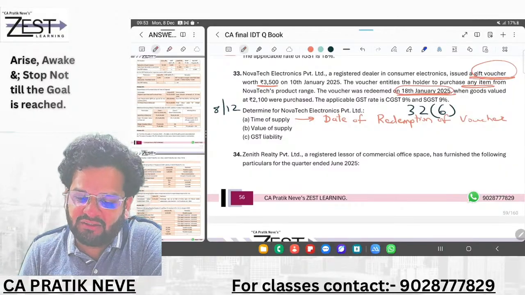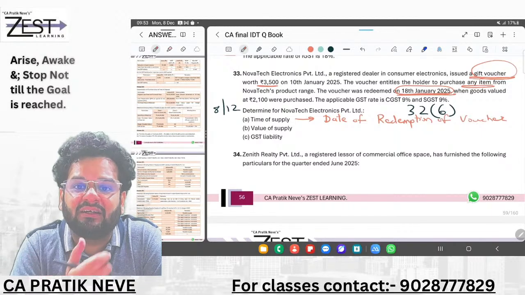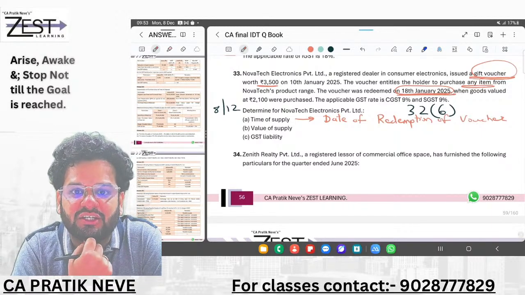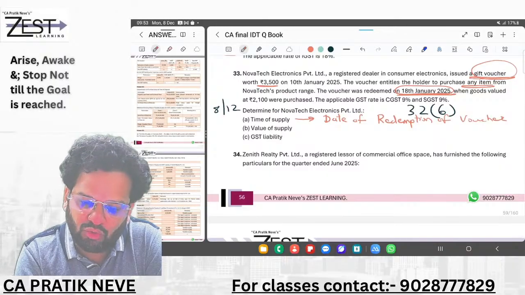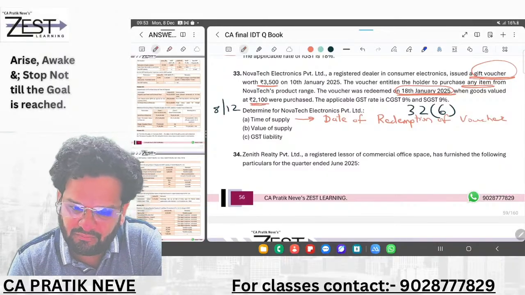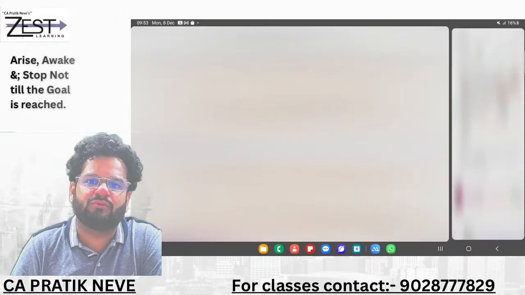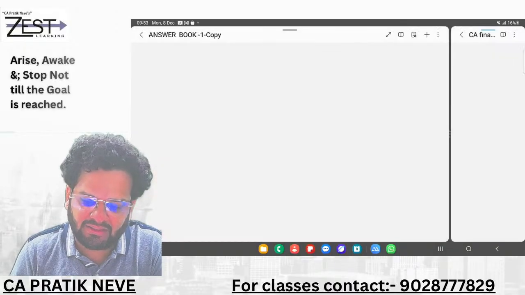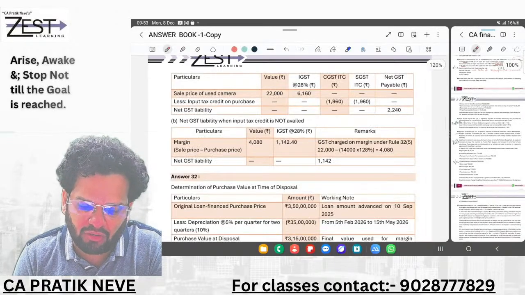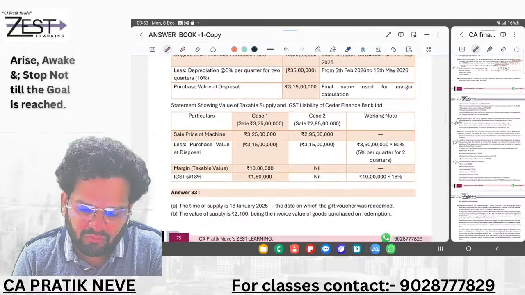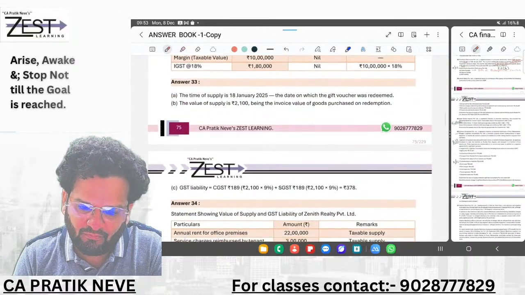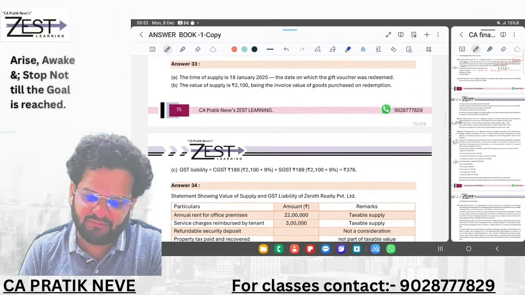Value of supply is to the extent goods are purchased: 2,100. GST liability will be on that 2,100 at the rate of tax applicable on the particular goods for which the voucher is used.